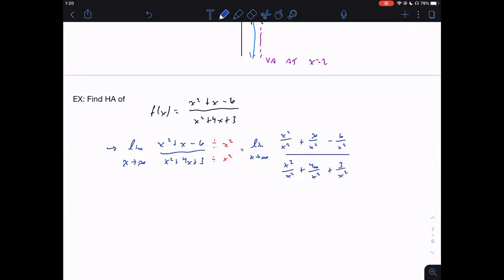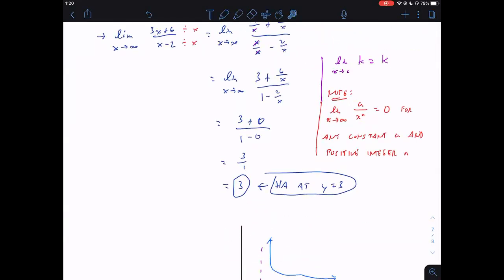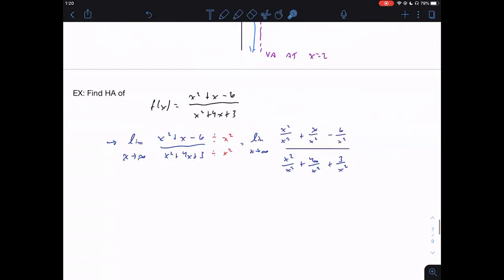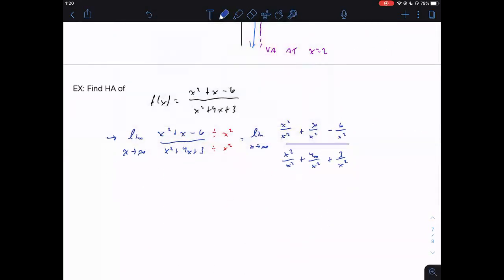All right. And now apply the rules of limits here, as we did with the last example. Oh, actually, before we do that, simplify what we can. So x squared over x squared just becomes 1. So let's find the limit as this goes to infinity. So again, x squared divided by x squared is going to cancel out to 1.